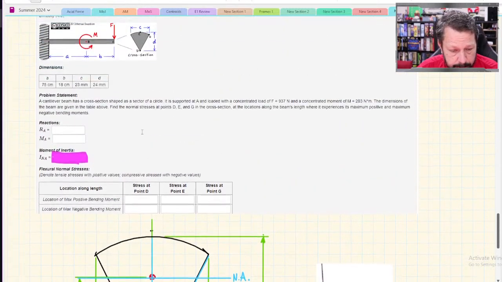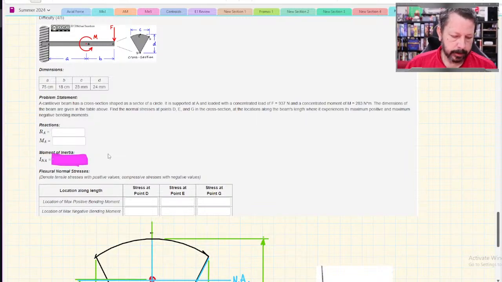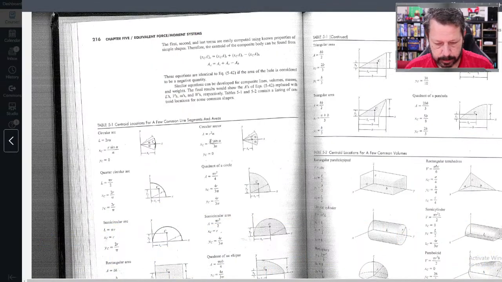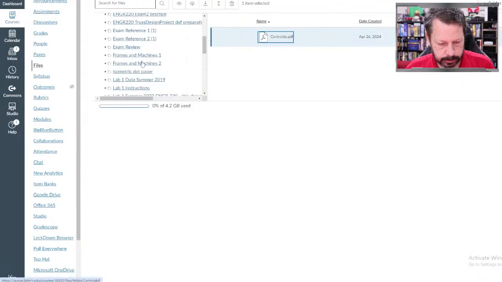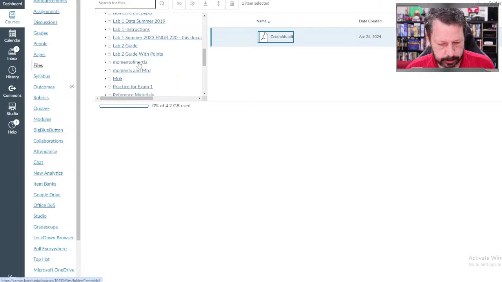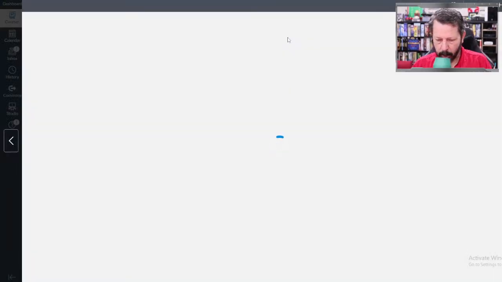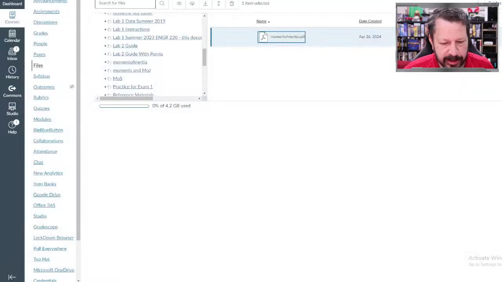Now, we need the moment of inertia for this shape. So let's see if we can find an equation for moment of inertia for this thing. That's the centroids. Oh, not that.